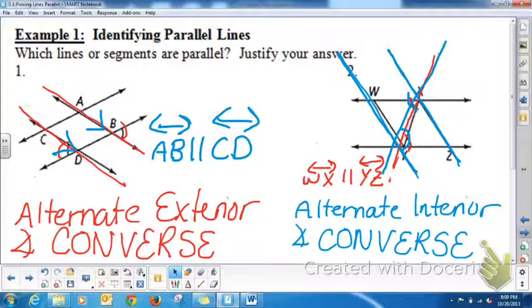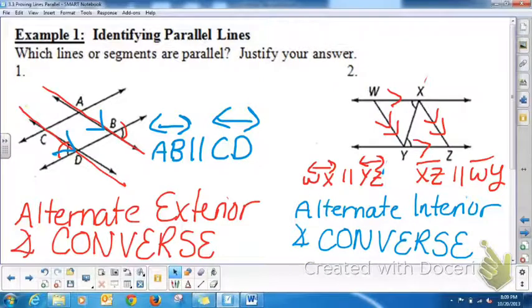They are, using alternate interior angles converse, so we can prove both pairs are parallel. So again, using alternate interior angles converse theorem, we can prove that line WX is parallel to line YZ, and we can also prove that segment XC is parallel to segment WY, using alternate interior angles converse.